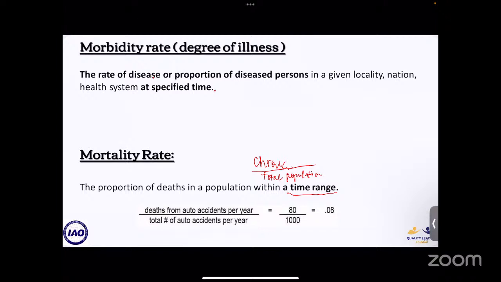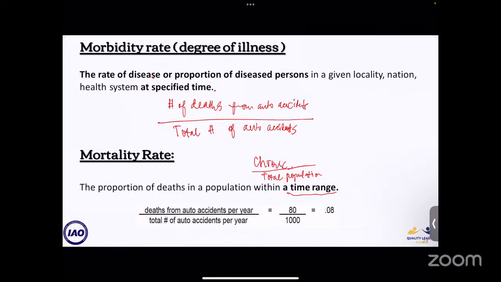To calculate the morbidity rate, for example, auto accidents, divide the number of deaths from auto accidents by the total number of auto accidents during the time period.